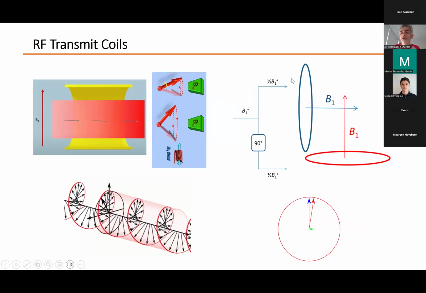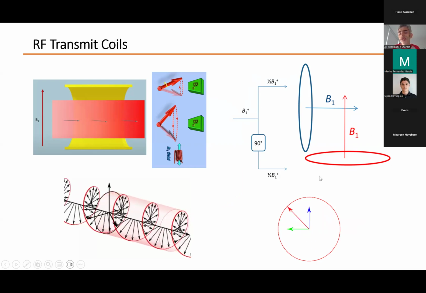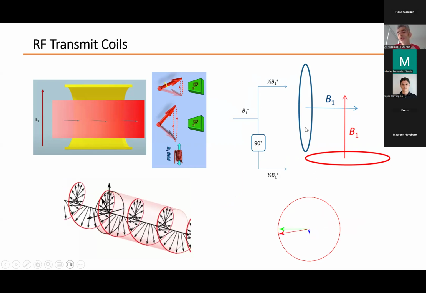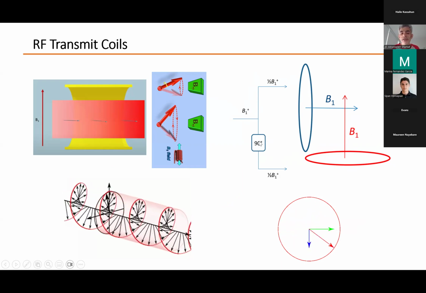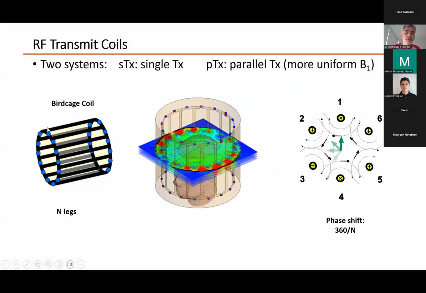Remember that here we used two loops with a 90-degree difference, but we can use multiple loops with different phase differences. The birdcage has two rings, one on the top and one on the bottom, and multiple legs connecting these two rings together. And there are capacitors between these legs. So what is the role of these capacitors?